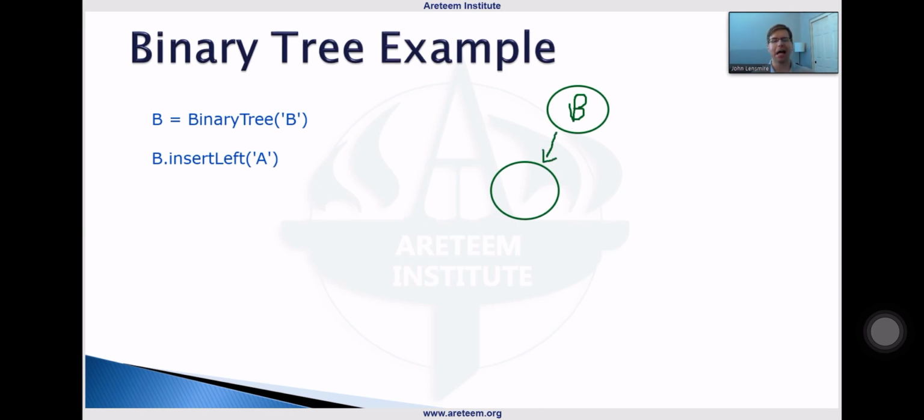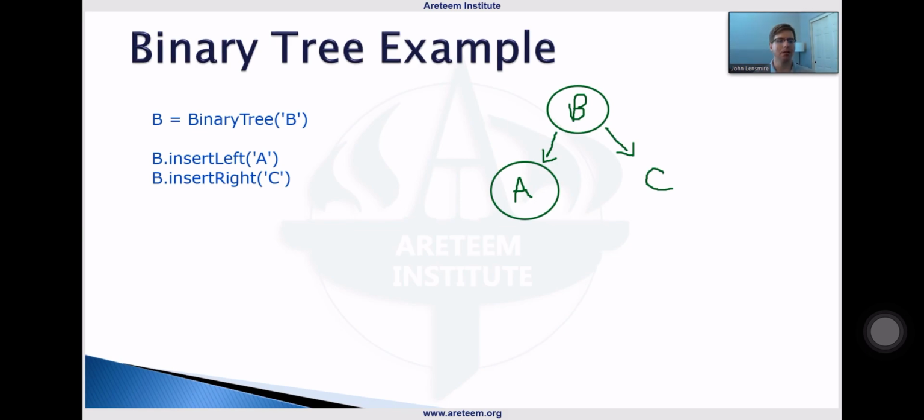To the left side now, we have a value of a. Now, what if we do the same thing on the right? So b.insert right, c. We put a c on that side as well. Everything's repeated in this case.